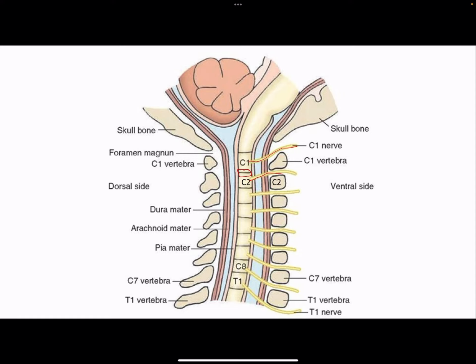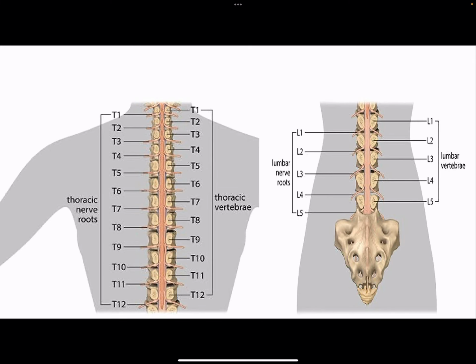And if that goes below, then everything after that is also going to go below. So if we're looking at the T1 vertebra, the T1 nerve root is going to be below. And for the L1 vertebra, the L1 nerve root is going to go below. So if that didn't make sense, just memorize that the cervical nerve roots will always exit above their corresponding vertebrae and discs. And then for the thoracic and lumbar, it's going to be below.